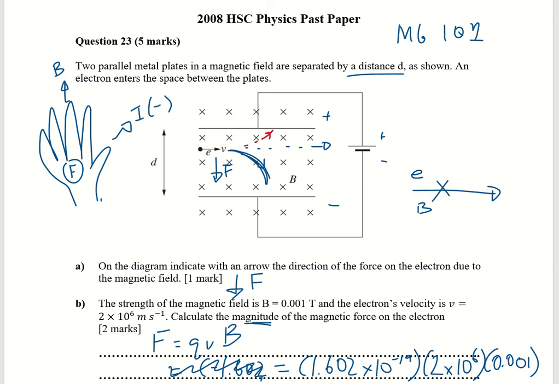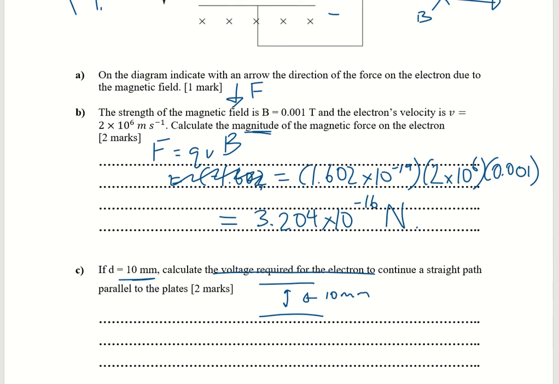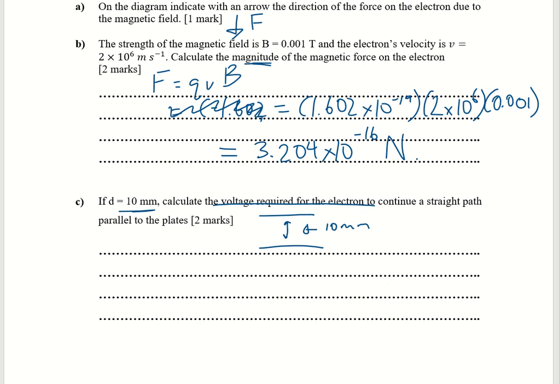Okay. If the electron goes straight through, that implies that the magnetic force and the electric field force are equal to each other. Okay, we already know what the value for B is.